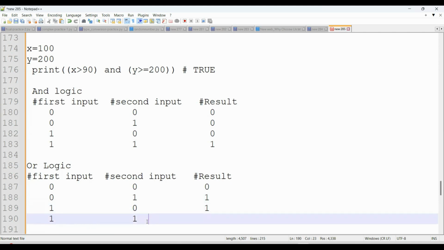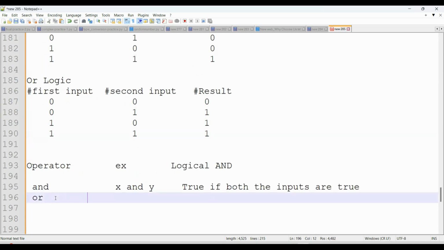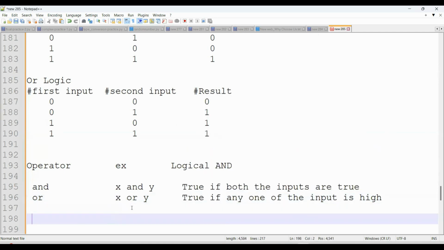Here in digital fundamentals, the last combination, first input 1 and second input 1, 1 plus 1. Here also the value is 1. Like that OR logic. In OR, if any one input is high, then the result is high, x or y.